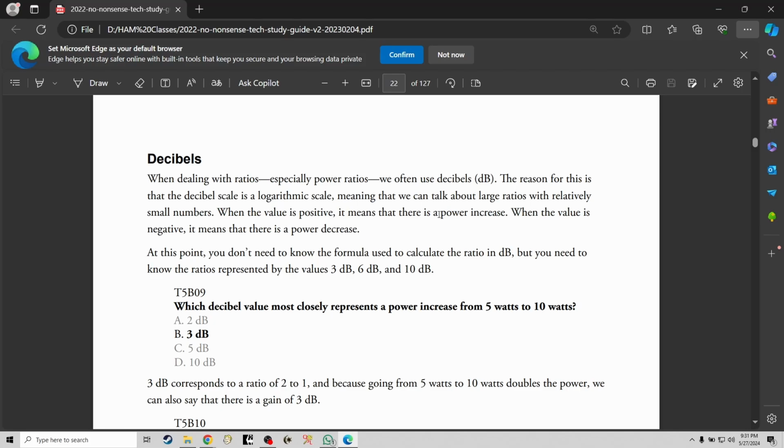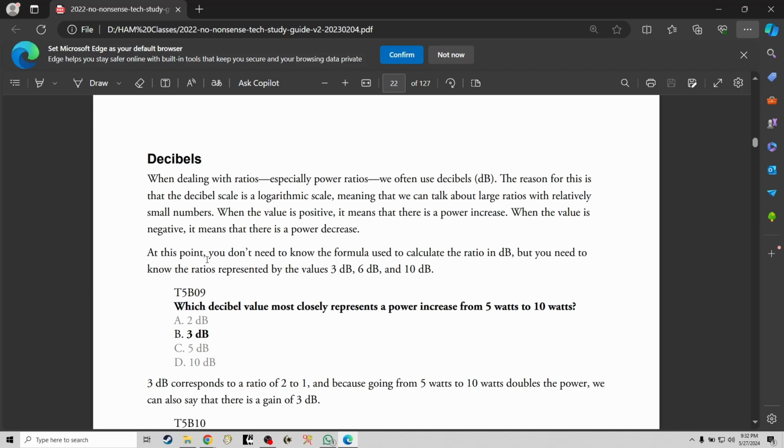It really shouldn't discourage you from purchasing an antenna if you see a negative decibel gain on it, because believe it or not, just about every single antenna out there is going to have a negative decibel gain in one direction or another. They all do. So when the value is positive, it has a power increase. When the value is negative, it has a decrease in power.